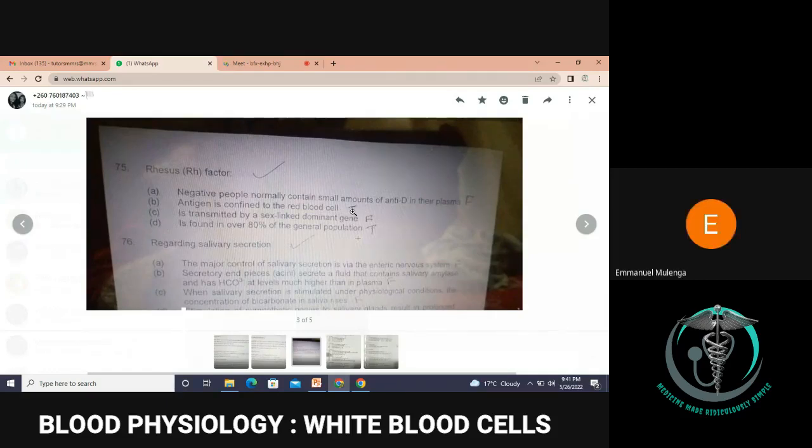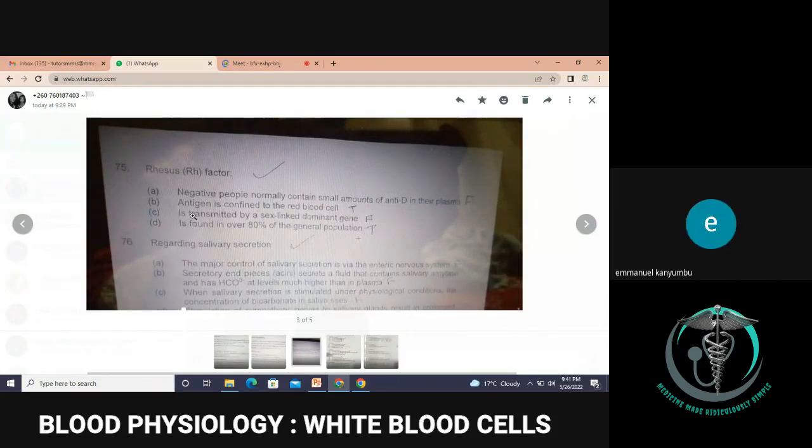Yeah, sir, I'm thinking otherwise. You're thinking otherwise by saying it's true? Yes, it's true. The reason is that the antigen is confined in the red blood cell, which gives its blood group by having an antibody B.